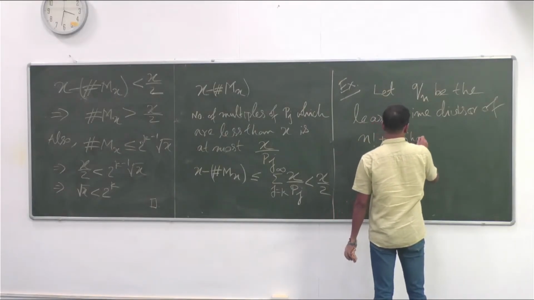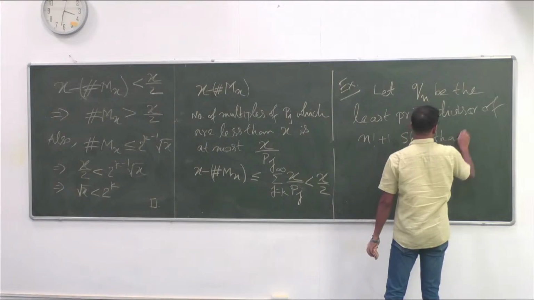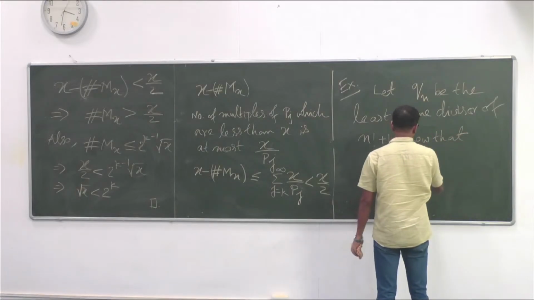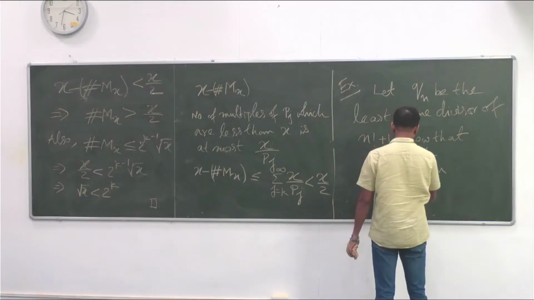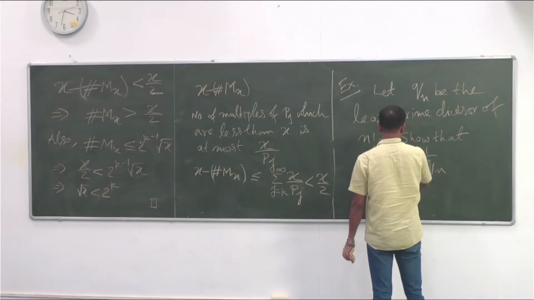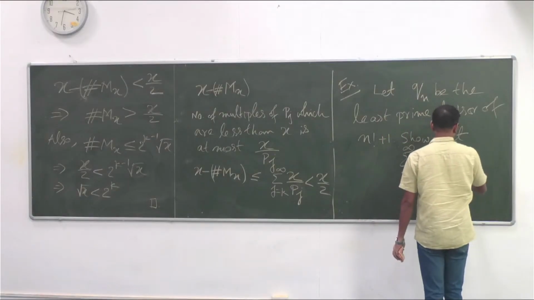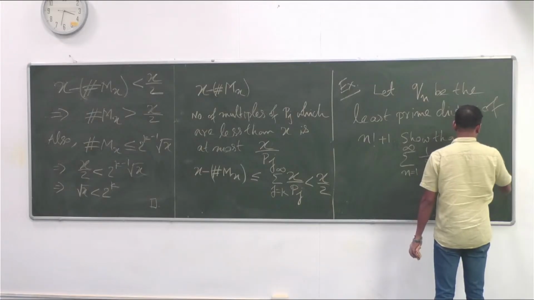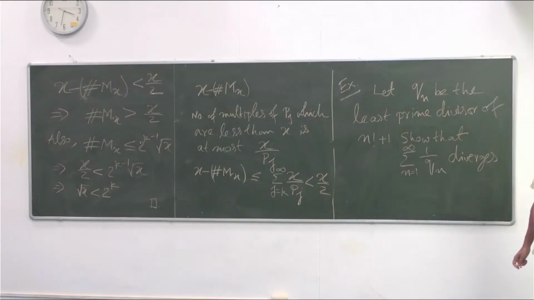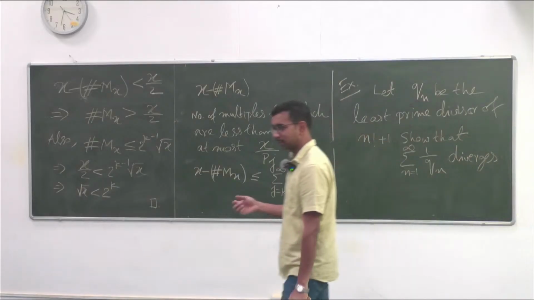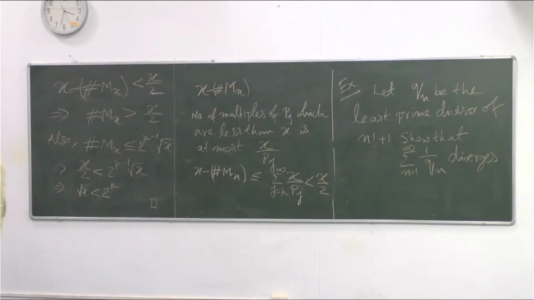Show that summation 1 by Qn for n running from 1 to infinity diverges. Okay. So how to show that? Take a few minutes. It's a trick question, but it's nice.